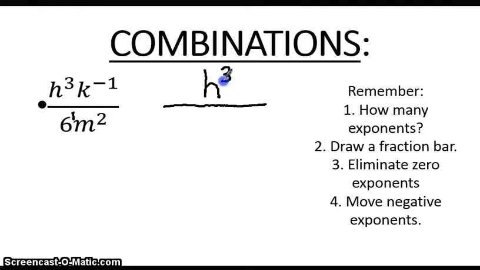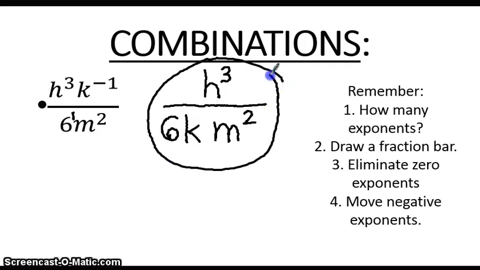So h cubed stays where it is. Move the negative exponents. So k is going to need to move to the bottom and be k to the first power, or just k. 6 will remain where it is. We always put our constants in the front. And m squared will stay where it is since it has a positive exponent. This is our simplified form.